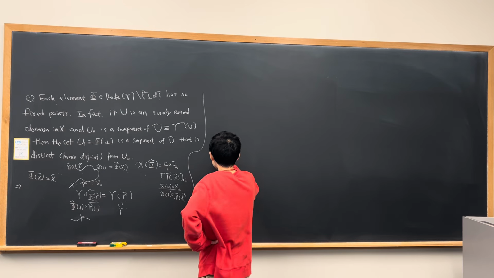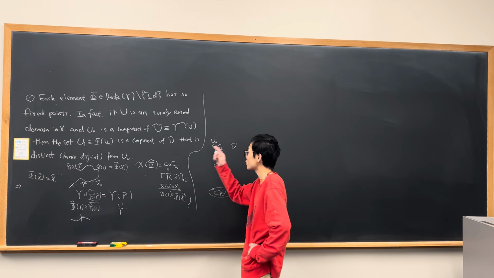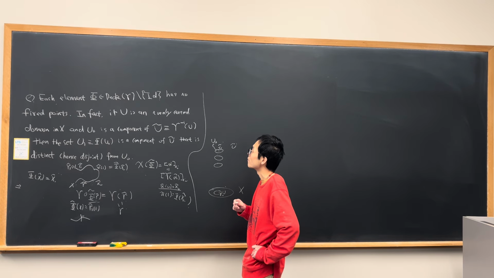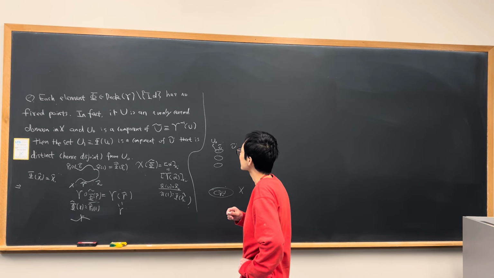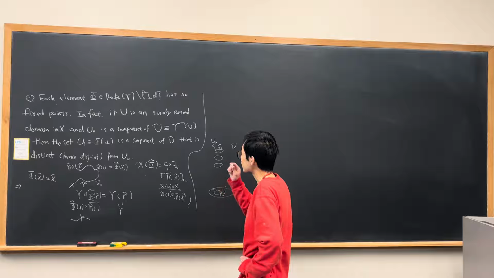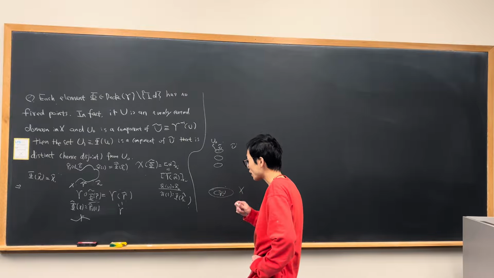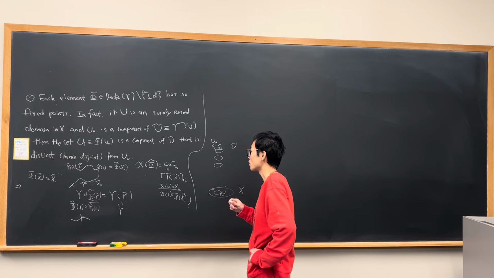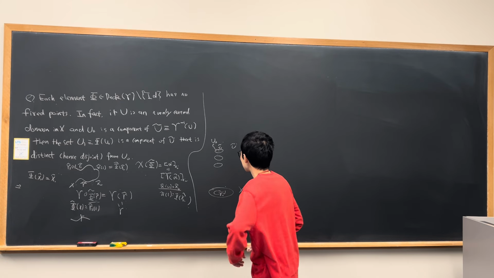Suppose that, because this phi is non-identity, and we showed that it has no fixed point, therefore we have that.